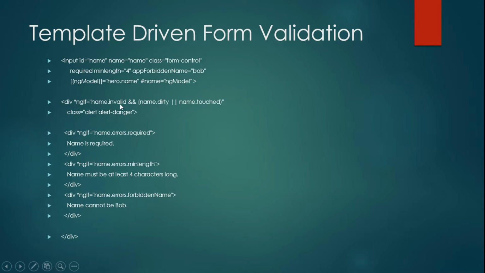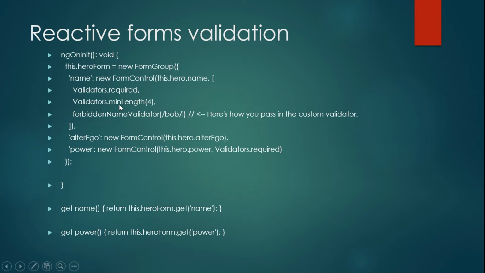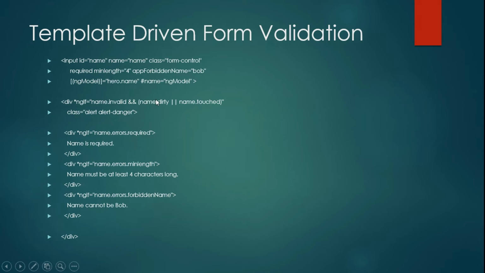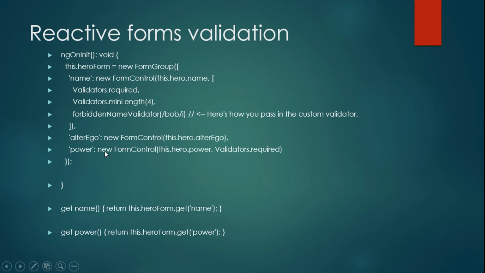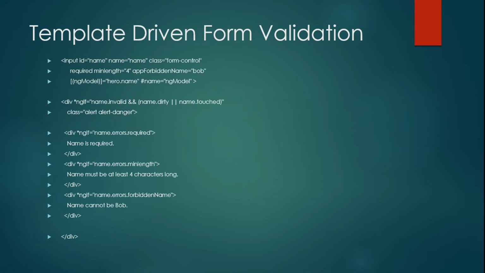Here we use the properties invalid, dirty and touched, so we can validate and customize the message displayed to the user on the page.